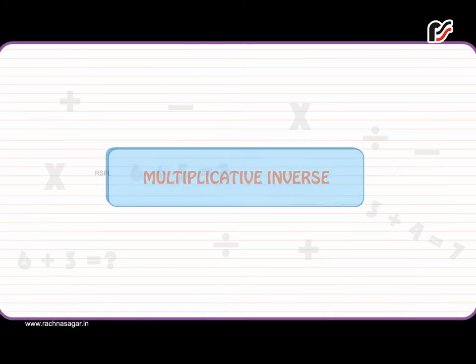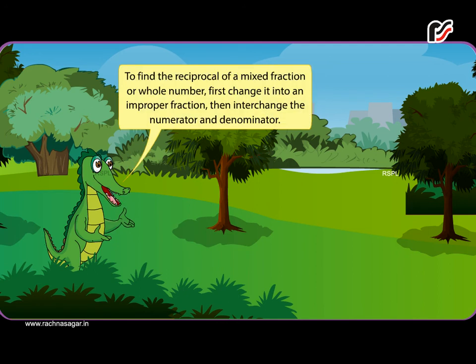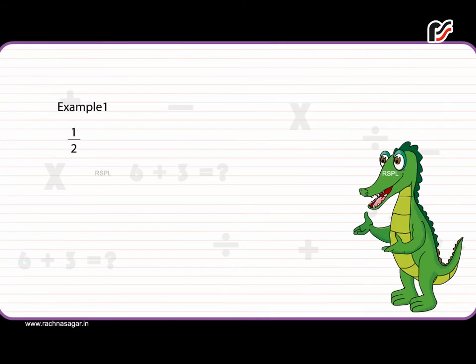Multiplicative inverse. To find the multiplicative inverse of a proper or improper fraction, interchange the numerator and denominator. To find the reciprocal of a mixed fraction or whole number, first change it into an improper fraction, then interchange the numerator and denominator. Example 1. 1 by 2 multiplied by 2 is equal to 1.